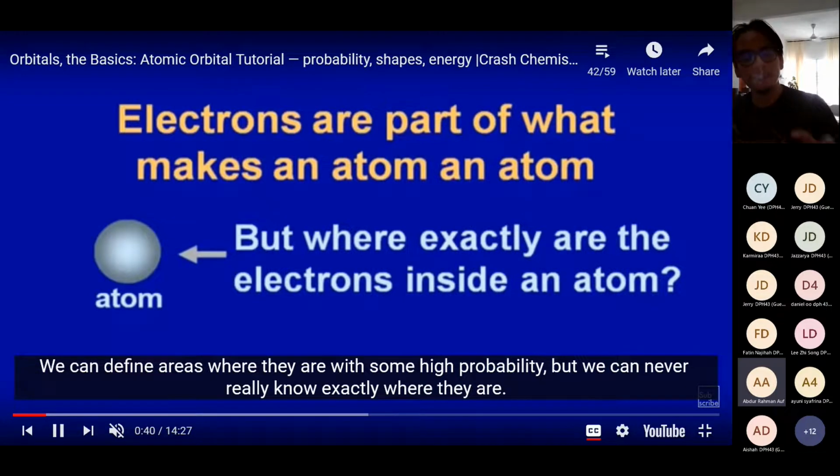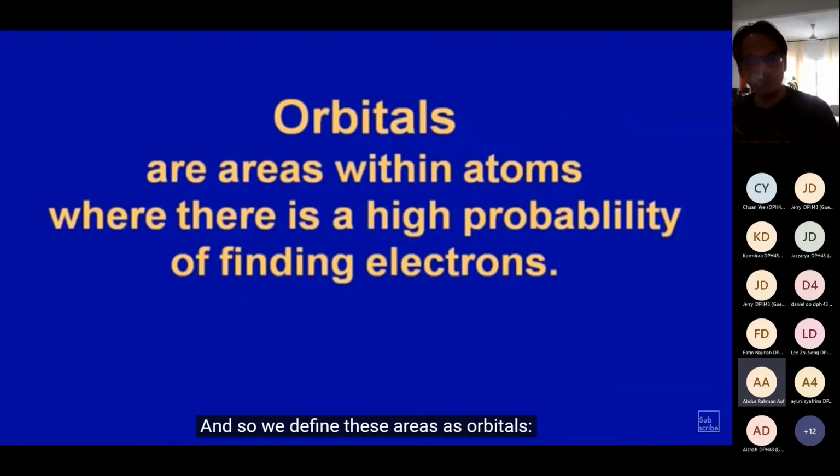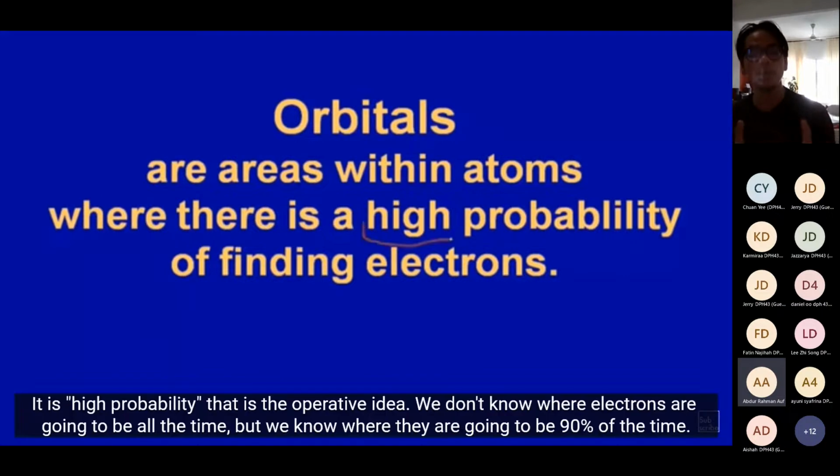So this is basically the explanation of what an orbital is. So an orbital is the area within atoms where there is a high probability of finding electrons. There is a high possibility that we find an electron in that area. That is the definition of an orbital.